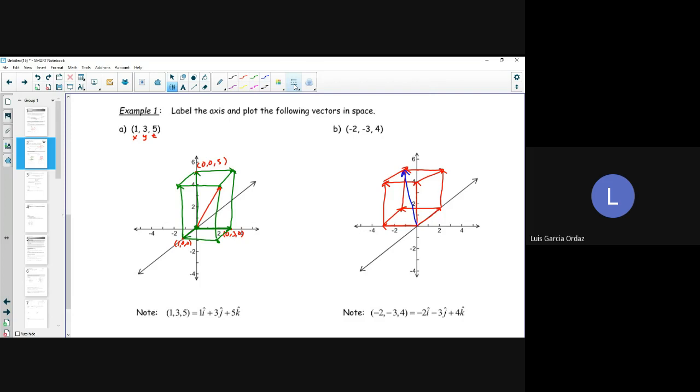Because remember, I've gone 3 units this way, 2 units this way, and I've gone 4 units up. So they connect at the resultant right there. And it has to be where the origin is at. So the resultant always connects from the origin to where they all meet.